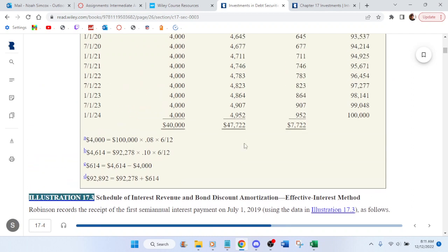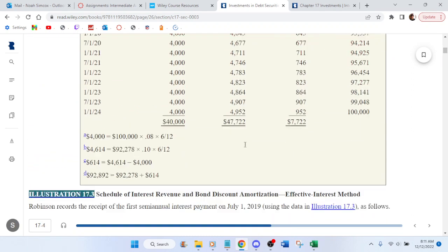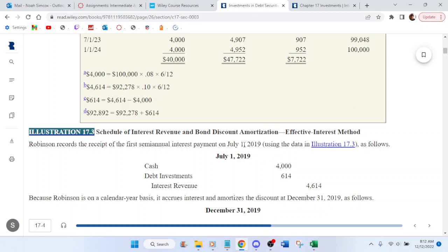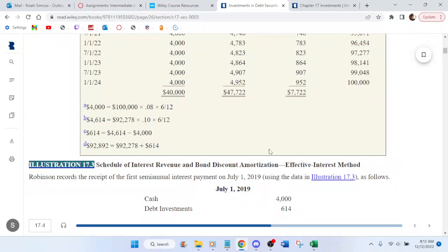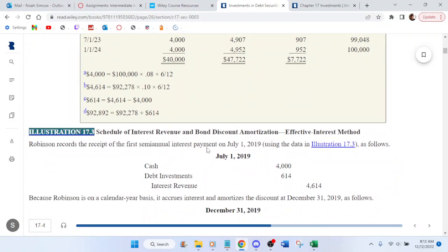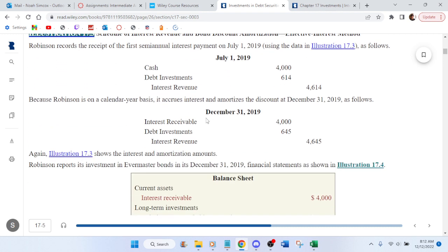So the first, you record this number as either increasing or decreasing debt investments. And at end of year, interest receivable, debt investments, interest revenue.